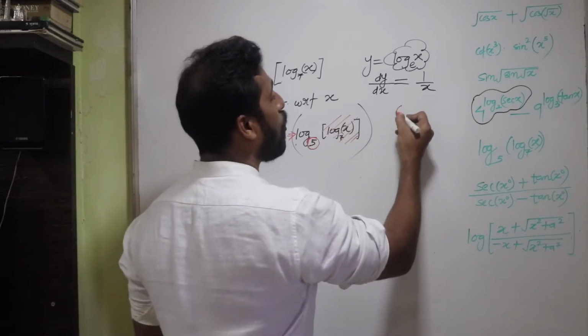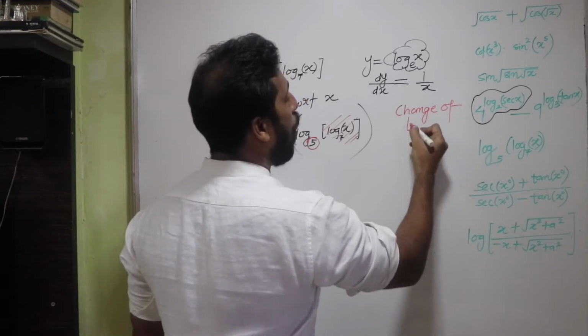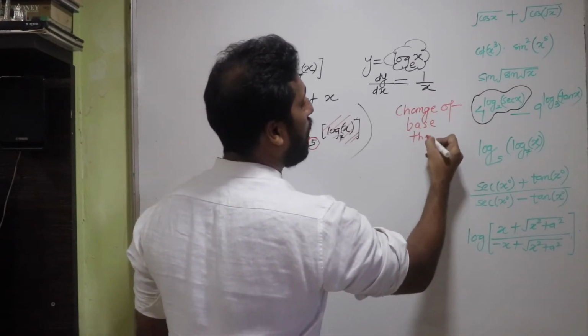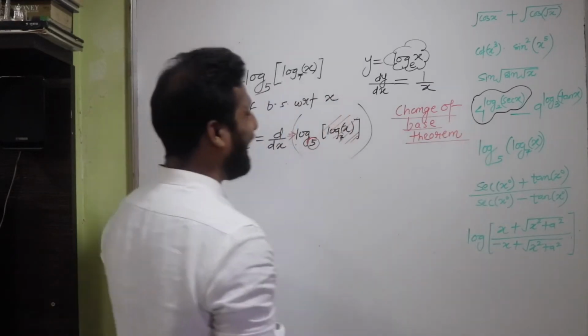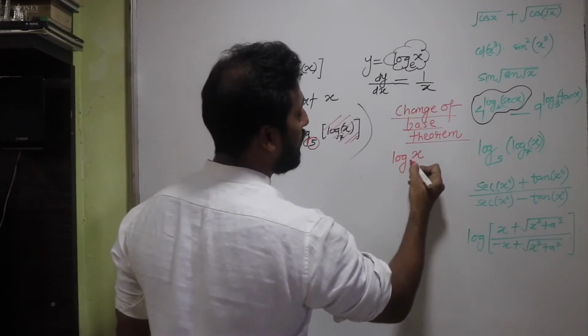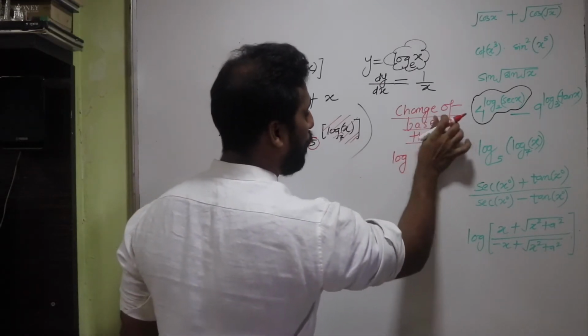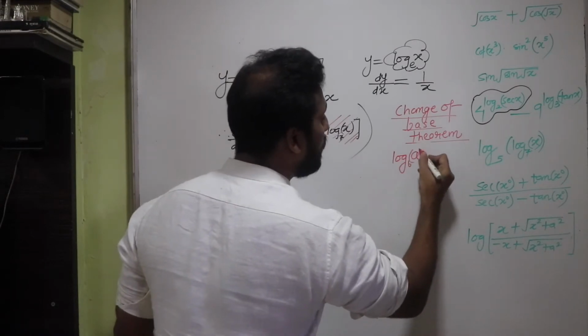Now there is one concept on logarithms called the change of base theorem. This is very important, and that is what we are going to apply in this particular question. Let us say we have log of a to the base b.